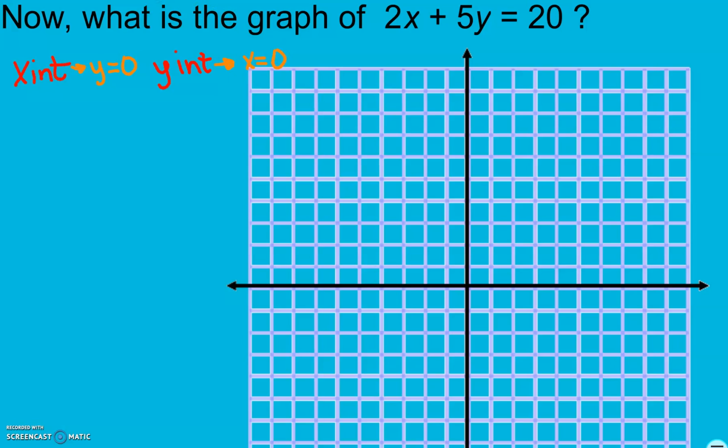So my equations here, 2x plus 5 times y, which here we set is 0, equals 20. And then we have 2x we set is 0, plus 5y equals 20. Go ahead and simplify.